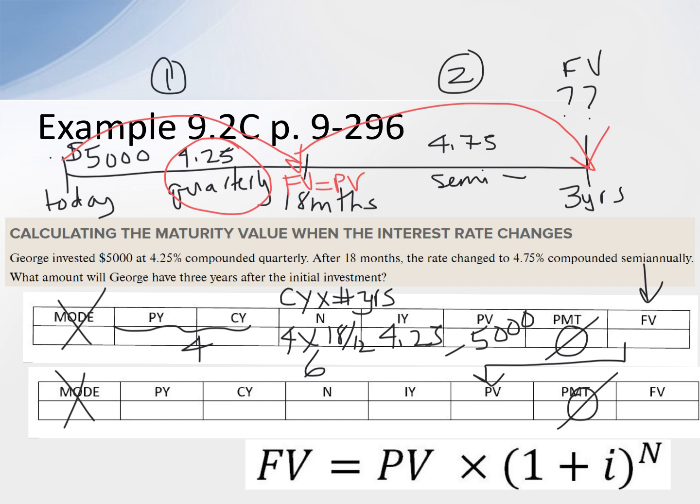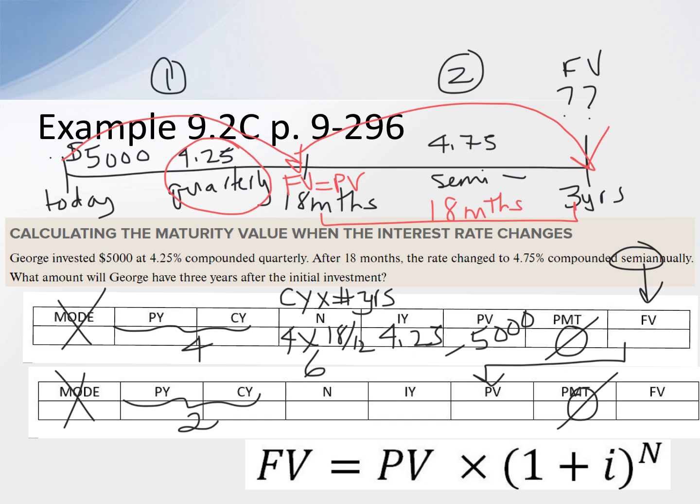Our PY, CY for the next time segment is semi-annual, so that will be represented by 2. Our N will be 2 times, again, 18 months to 3 years, right? So that's an 18-month difference.